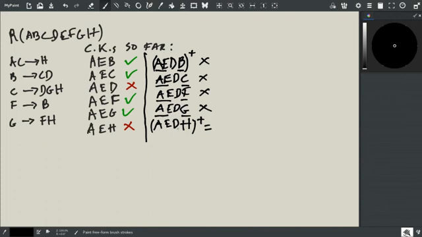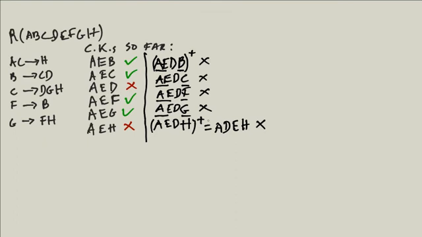So A, E, D, H can take me to A, D, E, H. What else? AC, I don't have AC there. I don't have B, I don't have C, I don't have F, and I don't have G. So also I cannot get the entire relation from this key. So this is not a candidate key.